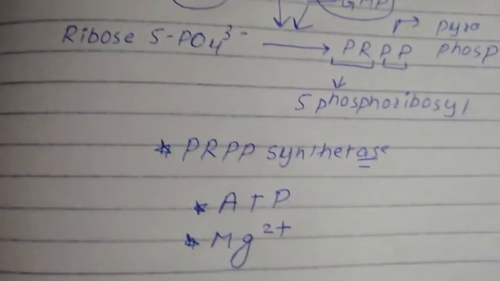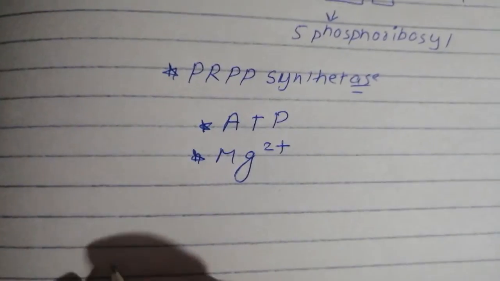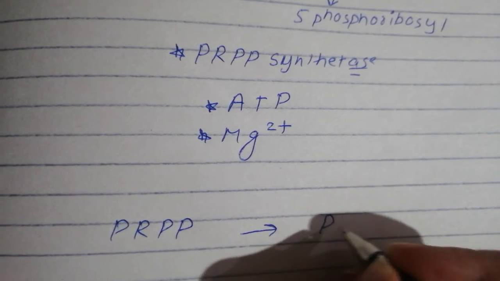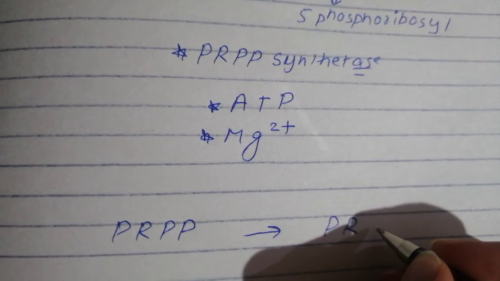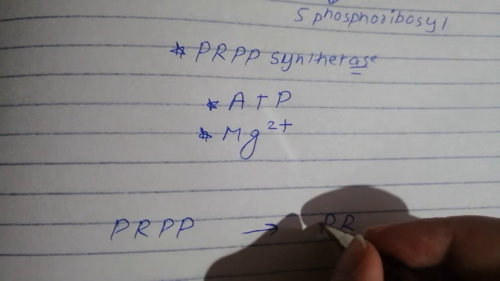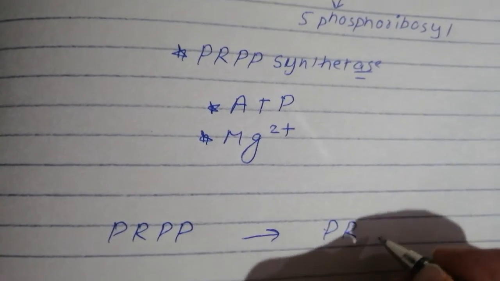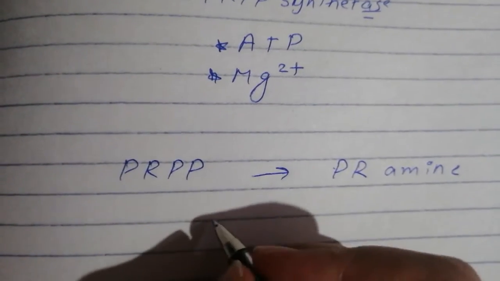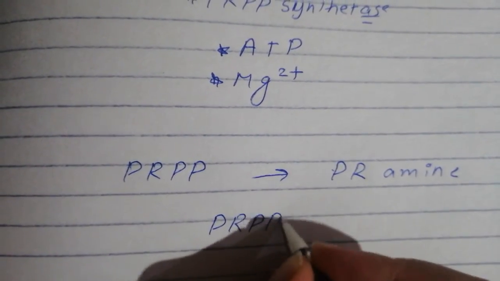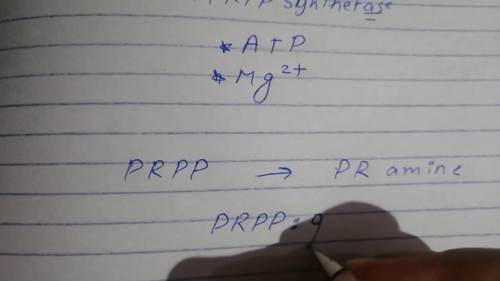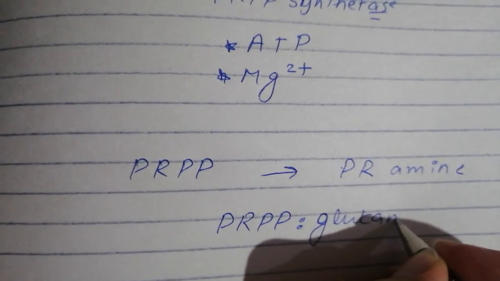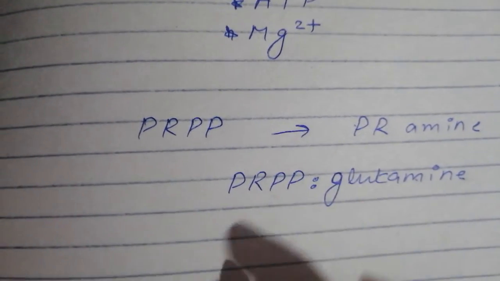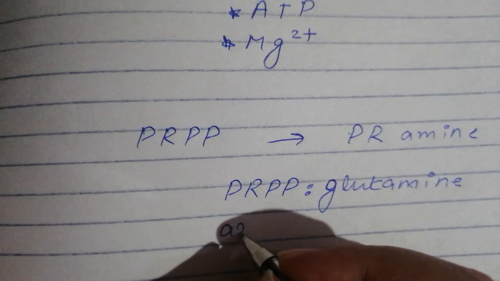Now back to what we were talking about. The second step is PRPP being converted into phosphoribosylamine. So ribosyl, and then you write an amine to it, because there has been a transfer reaction, and this transfer reaction is known as PRPP glutamine amidotransferase.